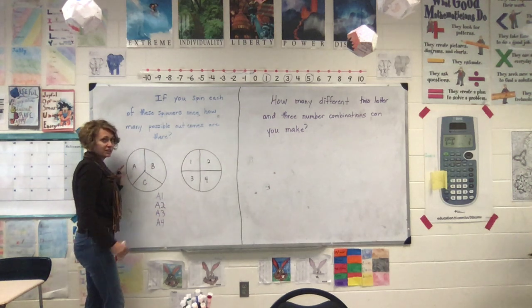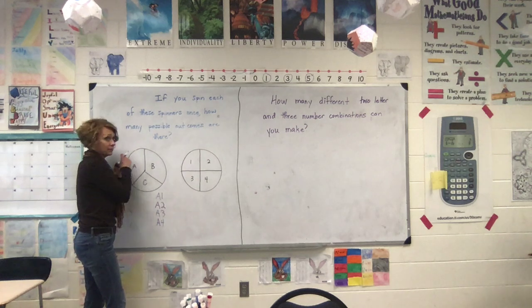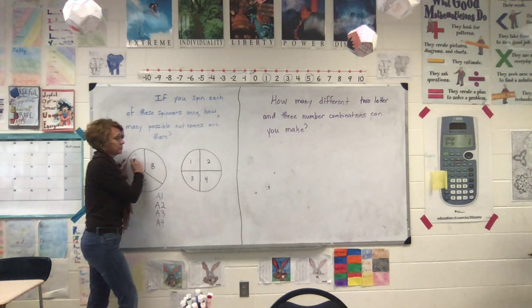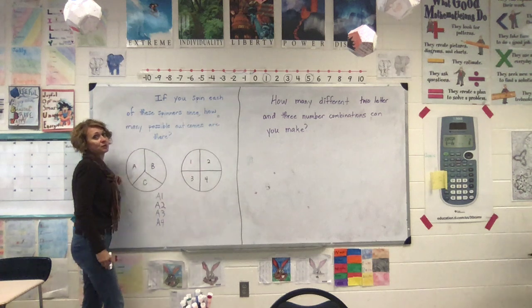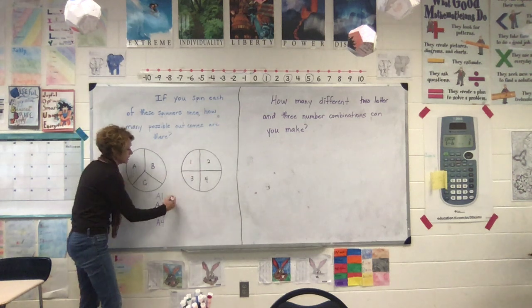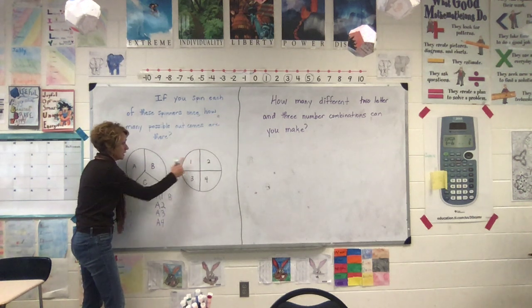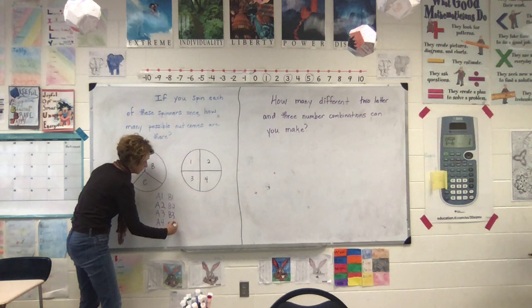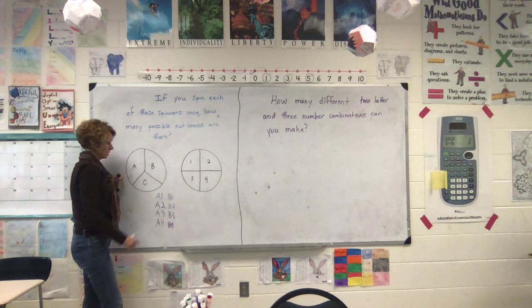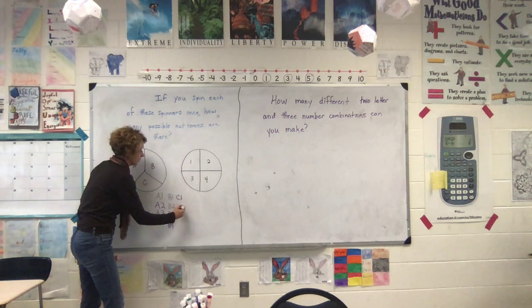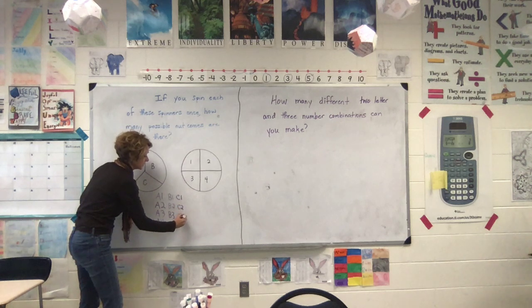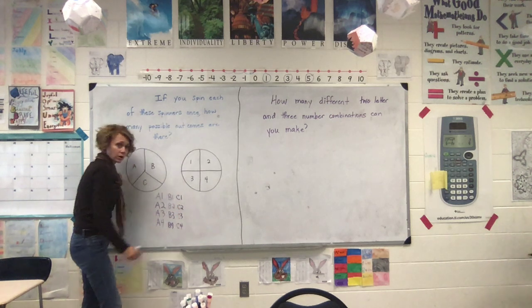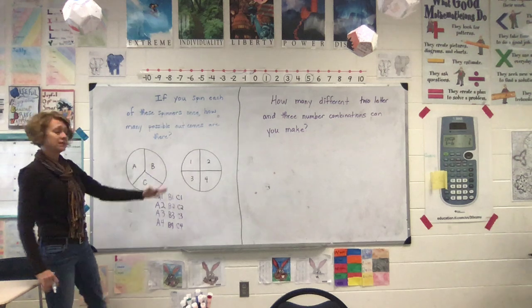So I think you see that what we're doing is matching up each individual outcome on the first spinner with each individual outcome on the second spinner. I could get B on the first one and 1 on the second, or B2, B with a 3, B with a 4, or I could get C with a 1, C with a 2, C with a 3, or C with a 4. So listing them makes sense.